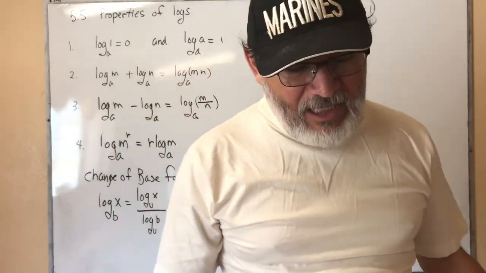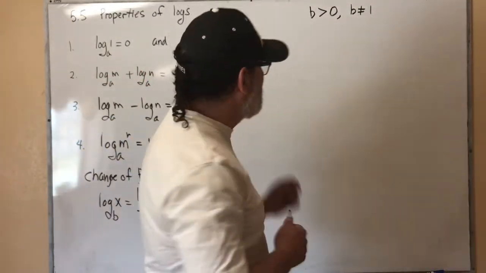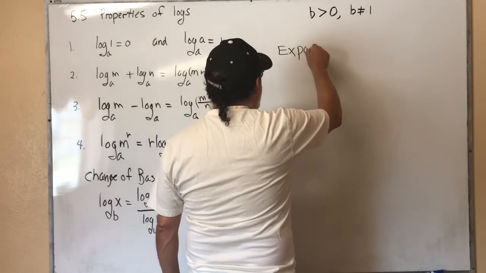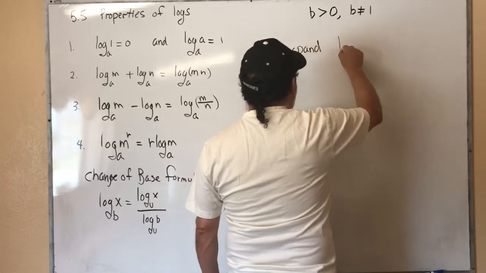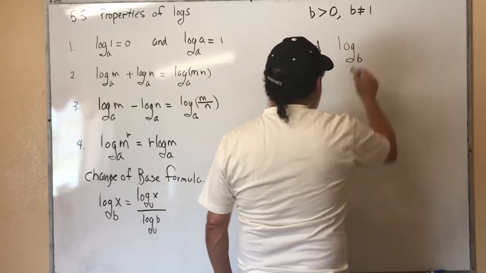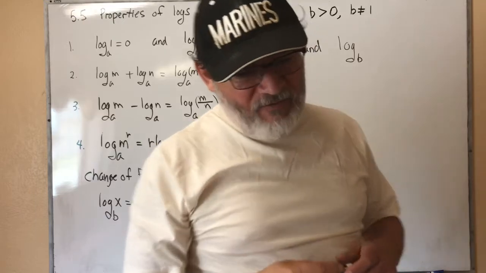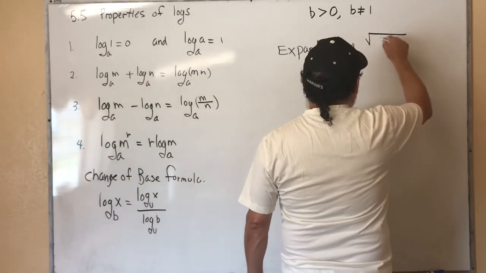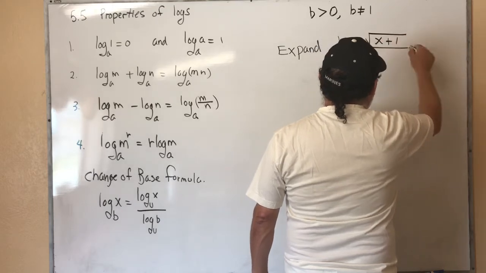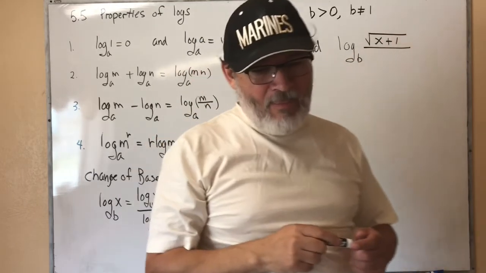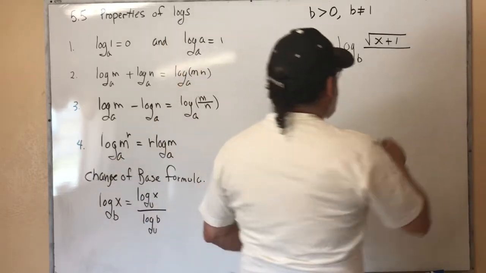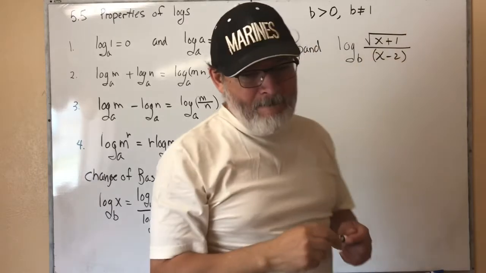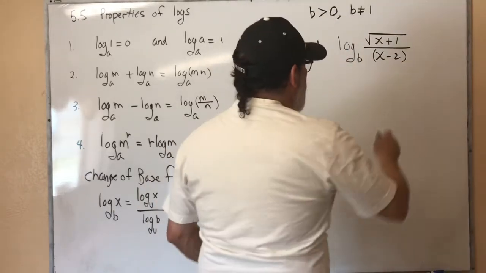We are going to expand log base b of the square root of x plus 1 divided by x minus 2 to the third power.